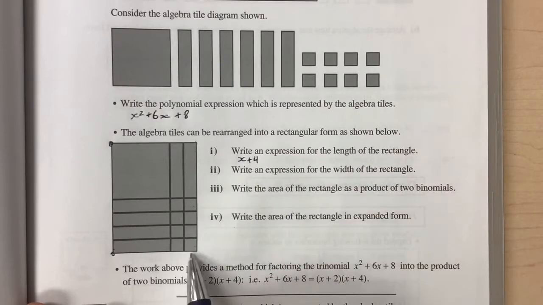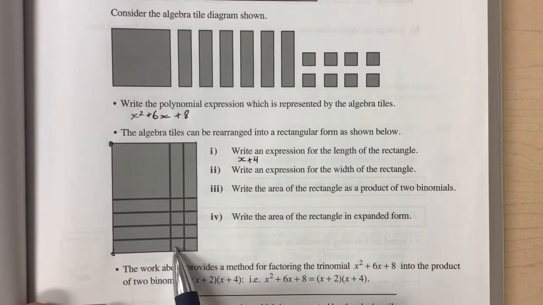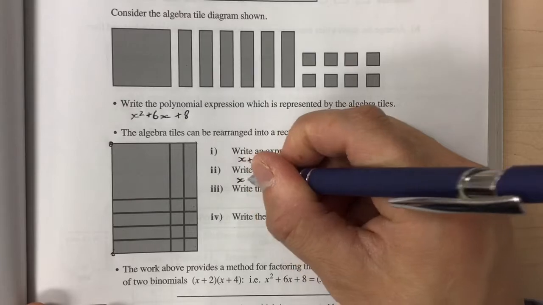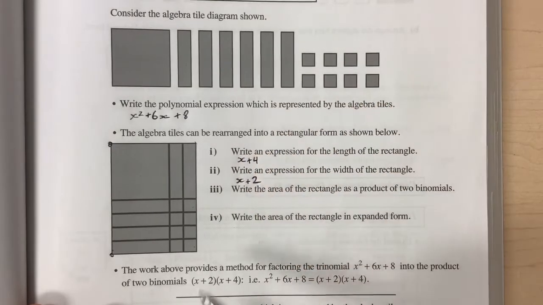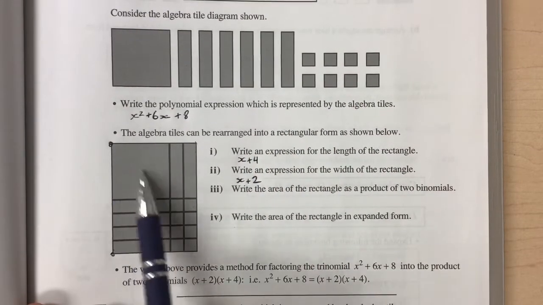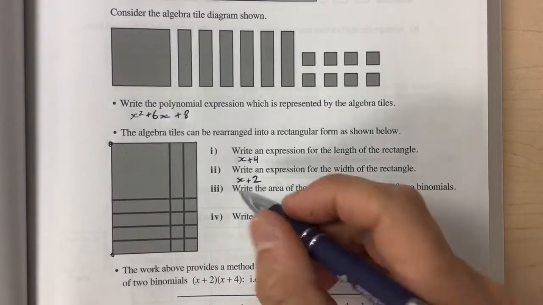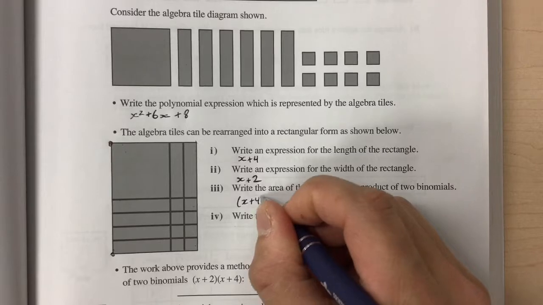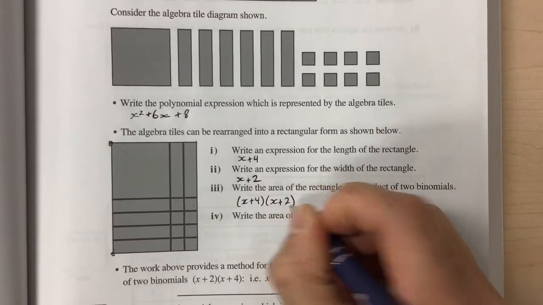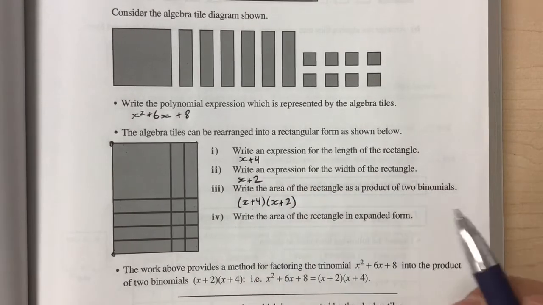And for the width of the rectangle, we have x plus 2, 1, 2. So x plus 4 and x plus 2. We want to write the area of the rectangle as a product of two binomials. So x plus 4 times x plus 2 is equal to our area, so length times width.